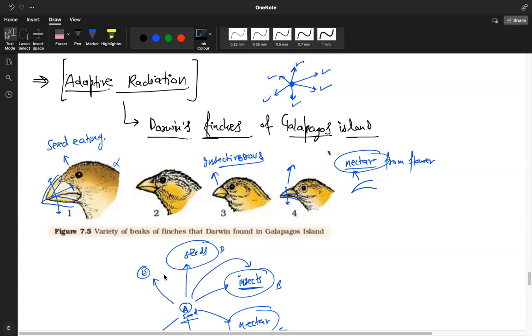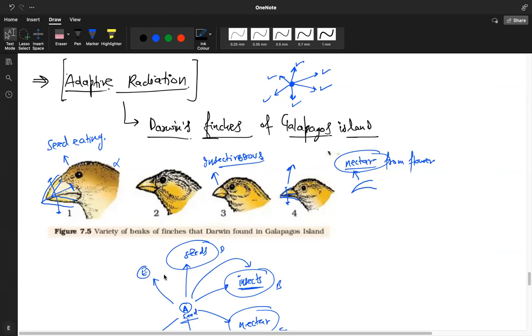So then we talked about adaptive radiation and Darwin's finches of the Galapagos Islands. Essentially, he found a variety of finches with different sizes and types of beaks, which were useful for different functions. So what he essentially told was that evolution by natural selection holds true for all living systems in the world, whether unicellular or multicellular.